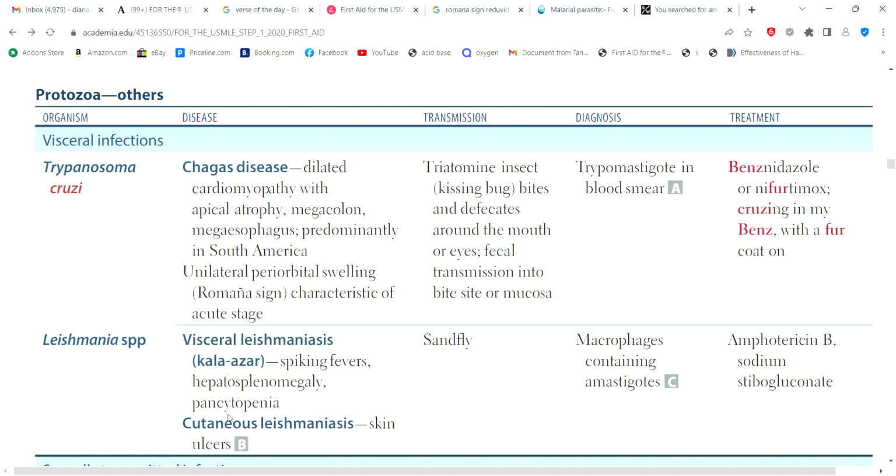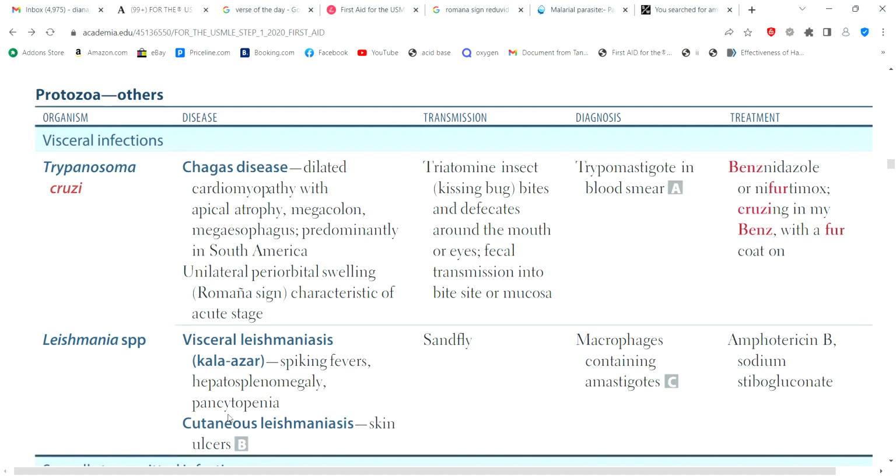It bites your skin and then poops around the mouth or eyes, and fecal transmission into the bite site or mucosa. So the kissing bug bites around the patient's mouth and deposits poop.